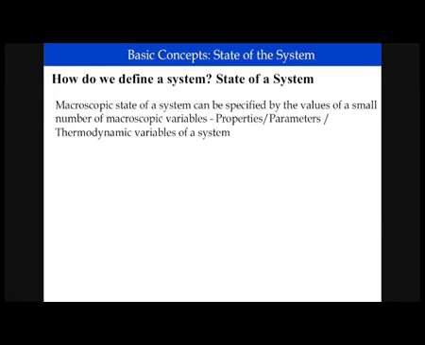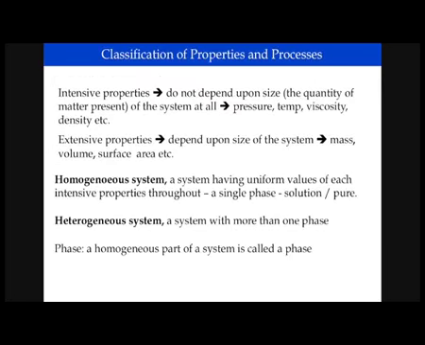Then we also discussed how to define the system. The state of a system is defined by specifying the values of a small number of macroscopic variables, which are properties or parameters of the system like pressure, temperature and so on. We discussed intensive and extensive properties, and I am not going to go into details anymore.